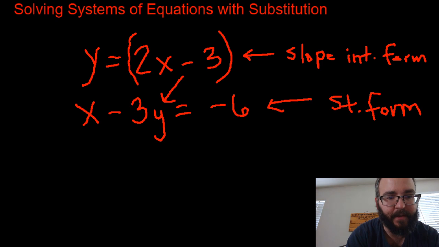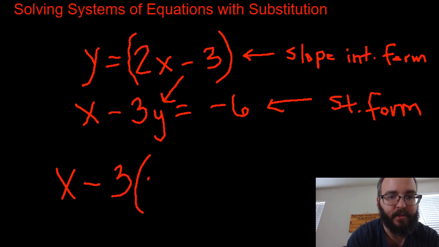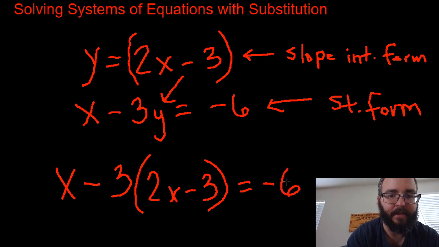So if we rewrite this, we get x minus 3 times (2x minus 3) is equal to -6.